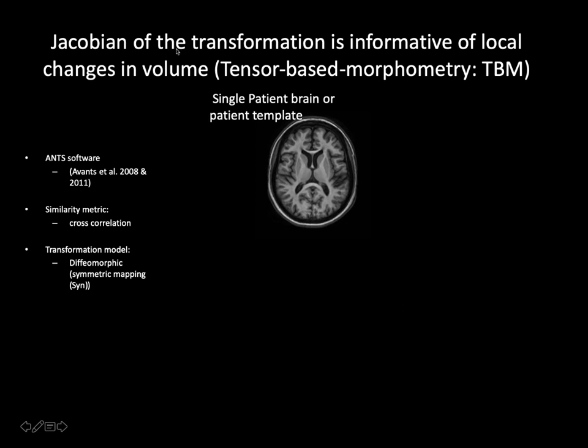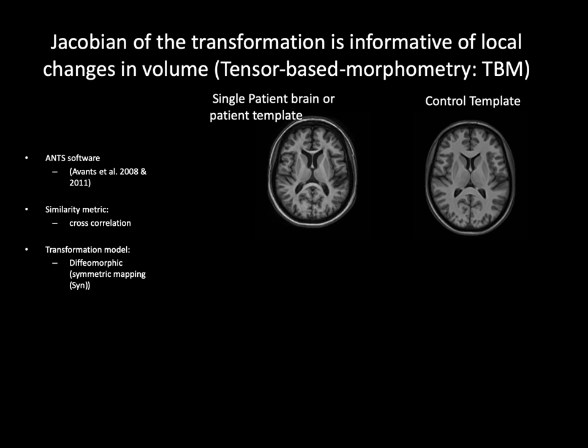So you take one brain, you transform this brain into a template, and then at each voxel, you can assess what is the difference in volume. For instance, we have this brain, which is clearly a pathological brain, with a very thin corpus callosum. This is essentially a template brain of normal subjects.